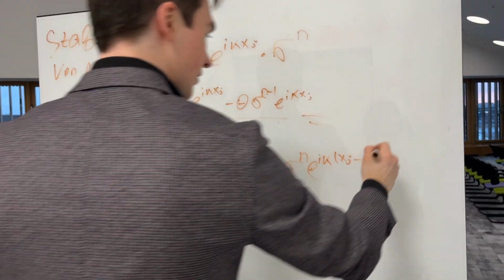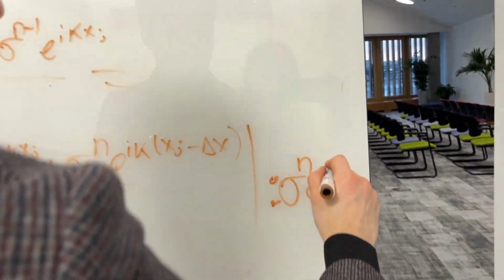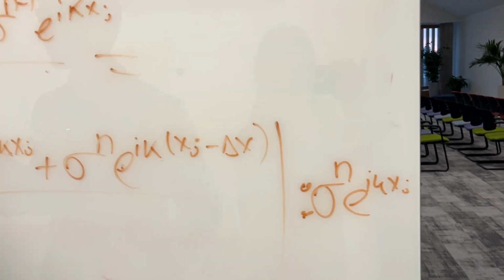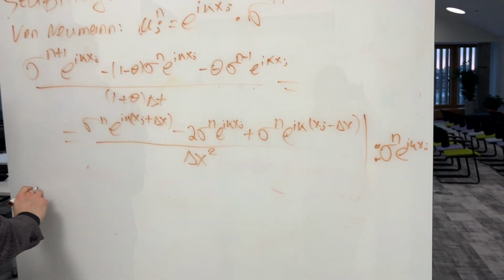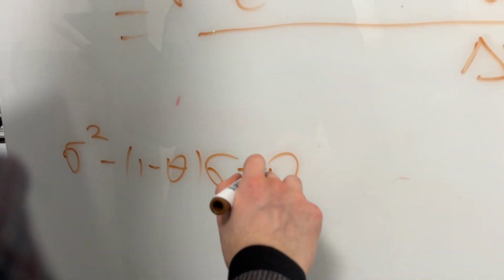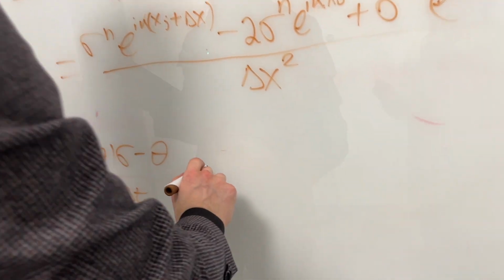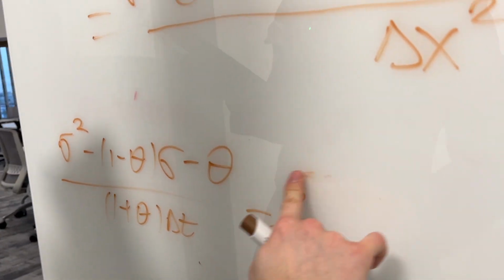Now we divide by sigma^n e^(i k x_j), and what we get is sigma squared minus 1 minus theta sigma minus theta divided by 1 plus theta delta t is equal to, well, it's maybe better to write it first like that.